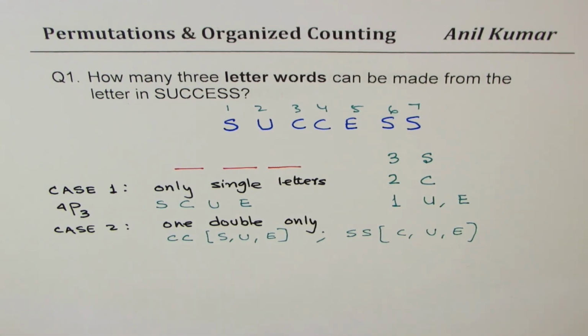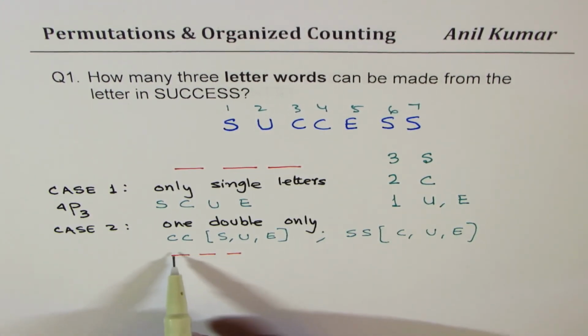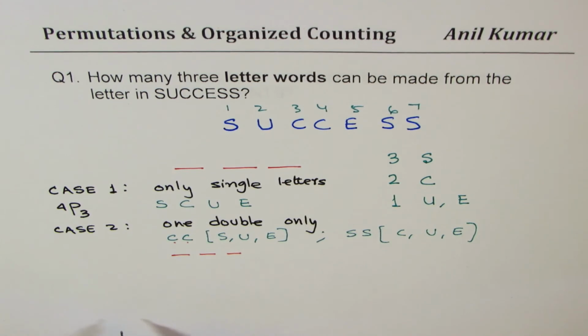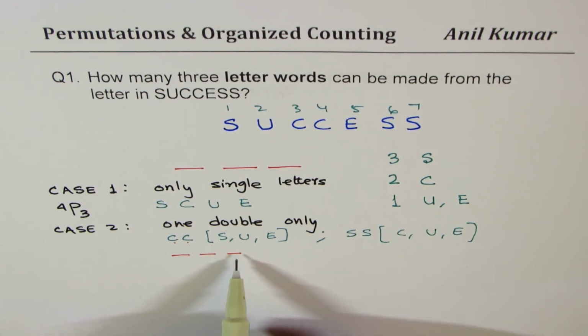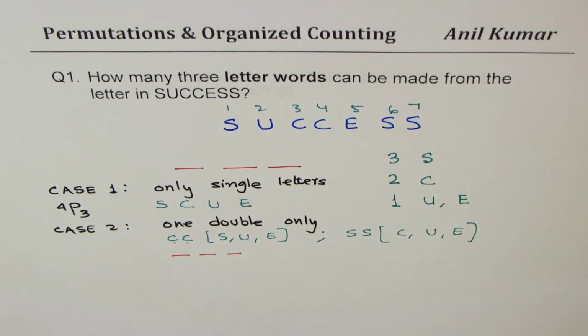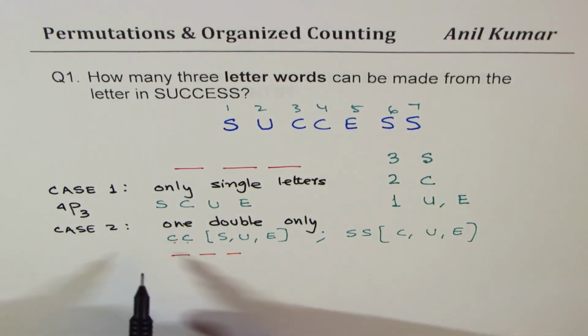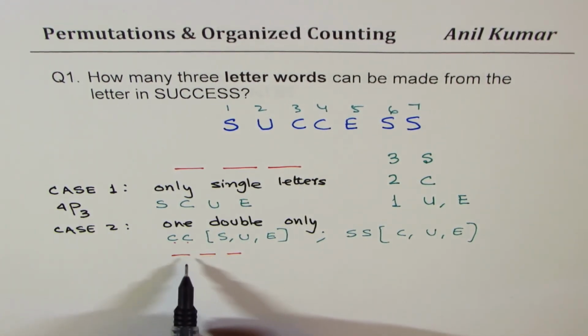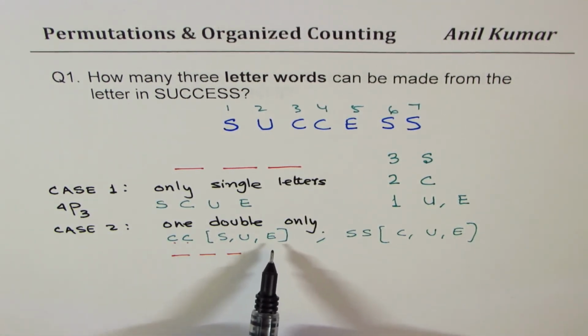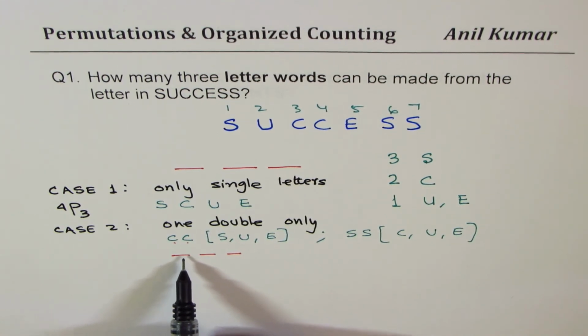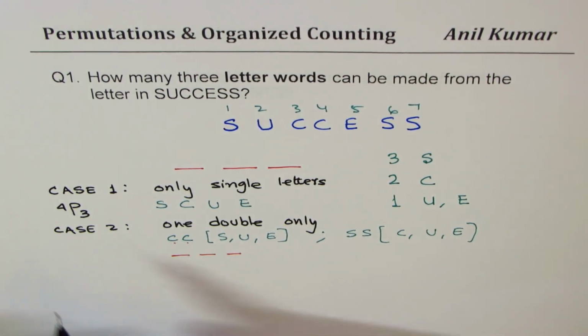So again, we are left with 3 spaces. So we are going to fill these 3 spaces with 2 C's first. Now, how many ways can we do that? Well, 2 C's means there's a repetition, but we are filling these spaces and total number of places are 3, 2 C's to be filled.